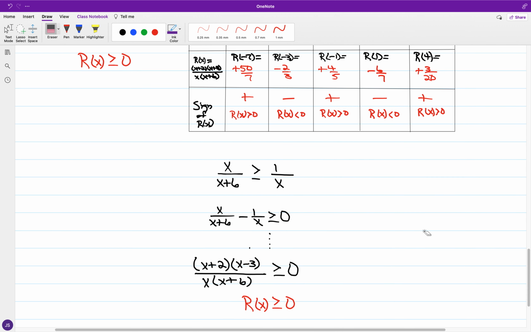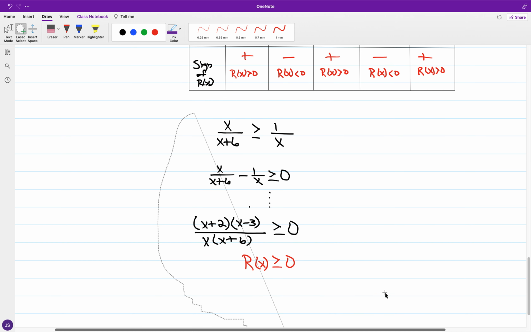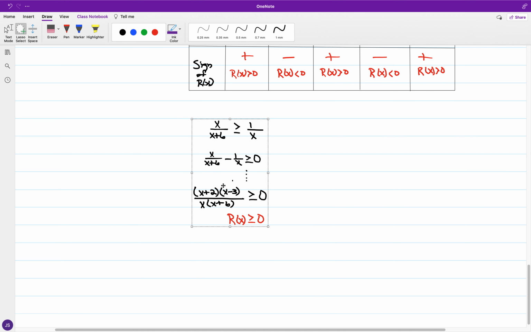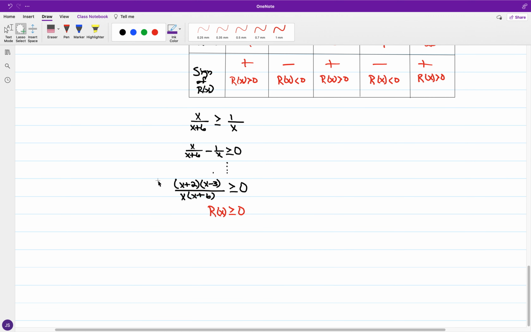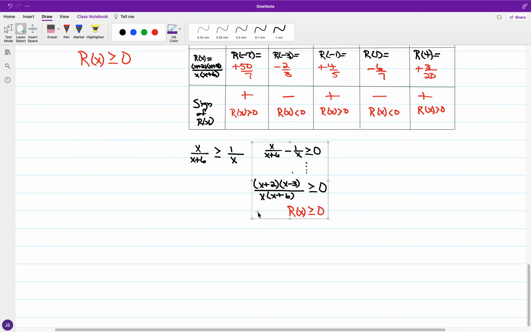So this is the inequality we started with, leading up to a consolidated rational expression in comparison to 0.